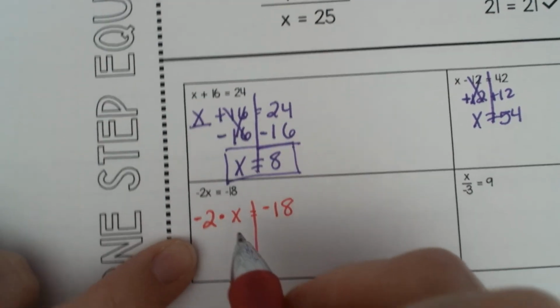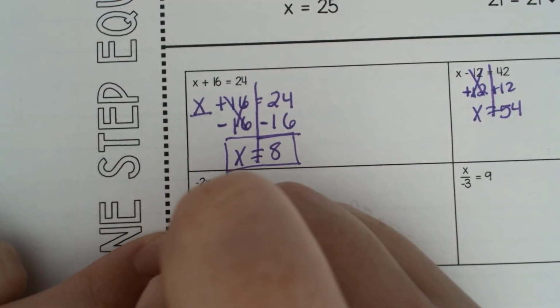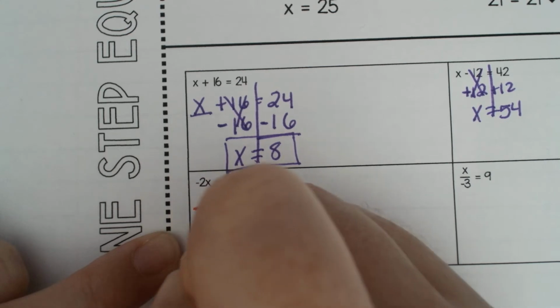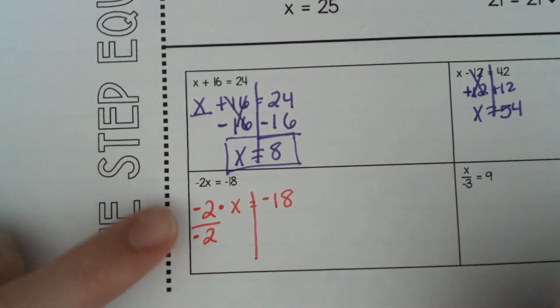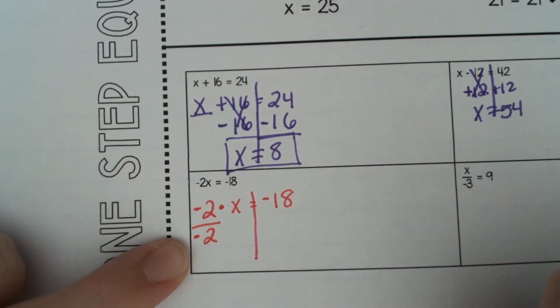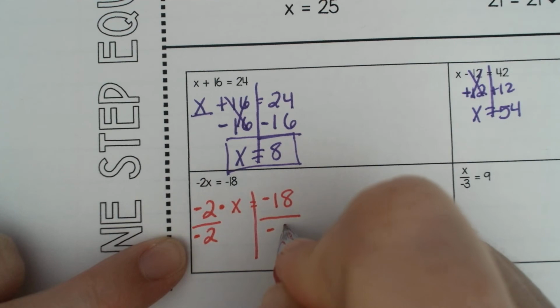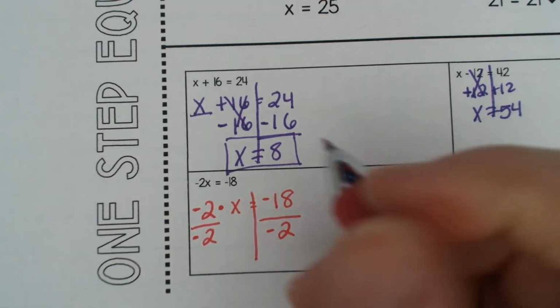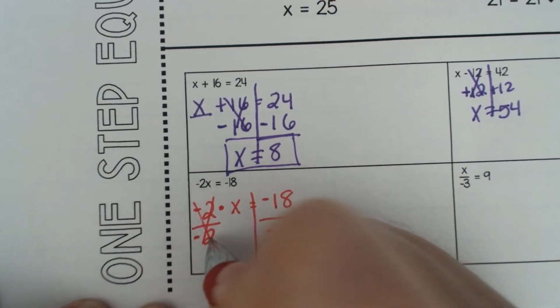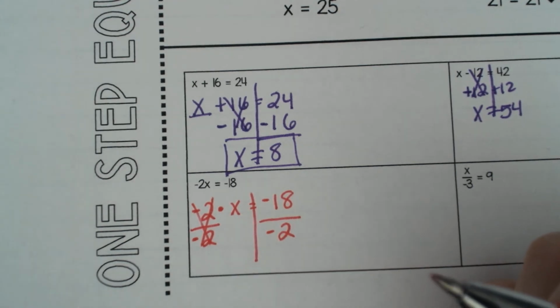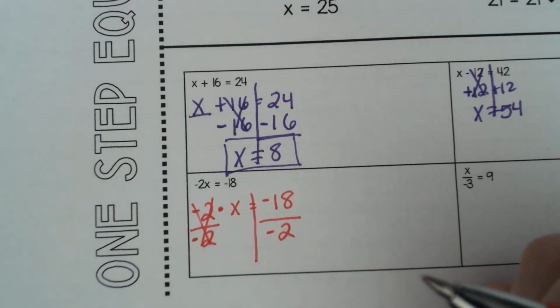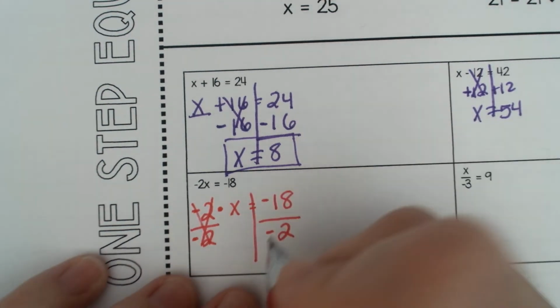So here we're multiplying by -2, but I need to divide by -2 on each side. Remember, our fraction bar means divide also. And then I'm going to do the same thing over here, divide by -2. So that cancels out. -2 divided by -2 equals 1, right? 1 times x is x, so it just cancels out to 1.